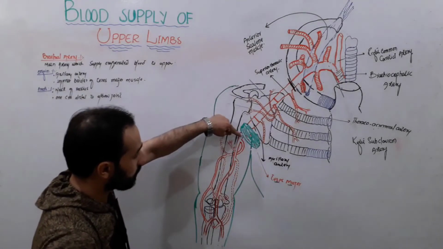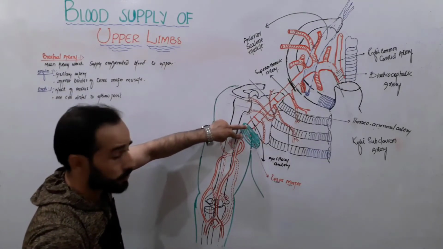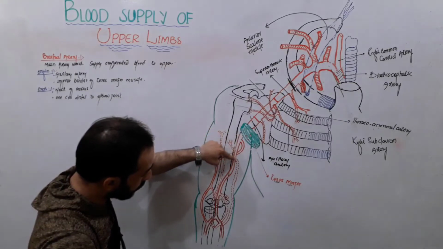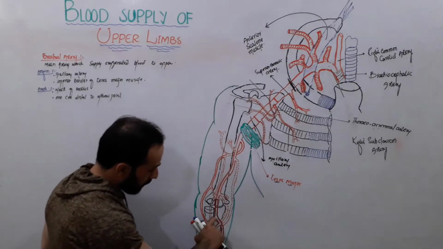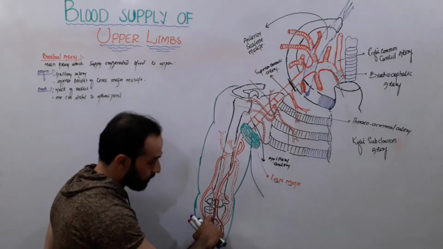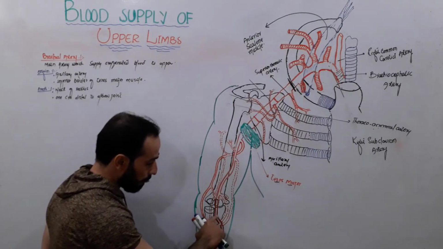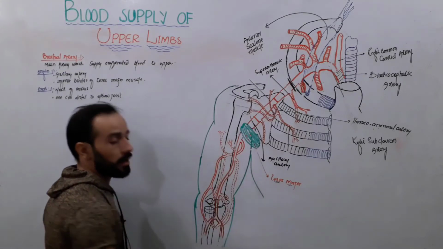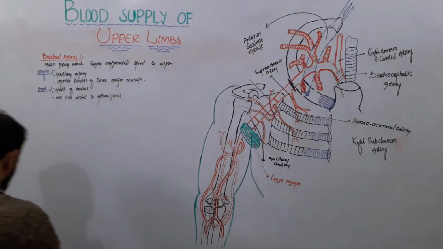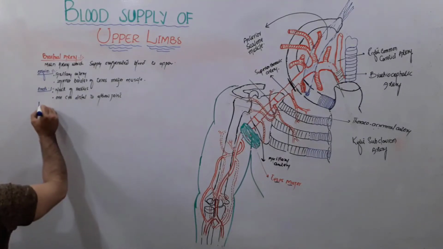It begins at the inferior border of the teres major muscle, comes down and spirals like this, and ends at the level of the neck of the radius bone, 1 centimeter below the elbow joint. Very good, friends. What is the length of this artery?